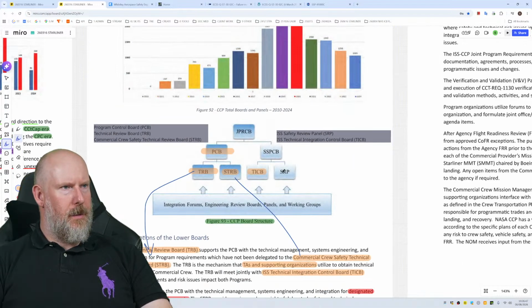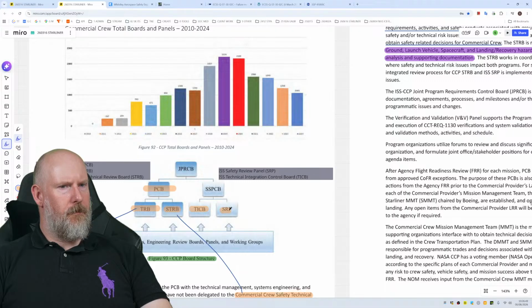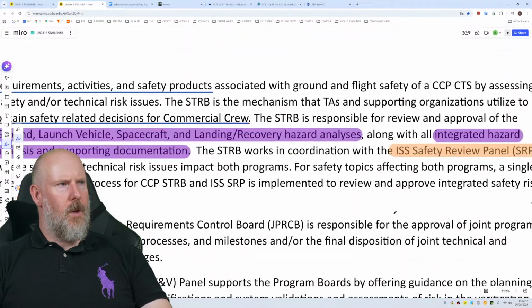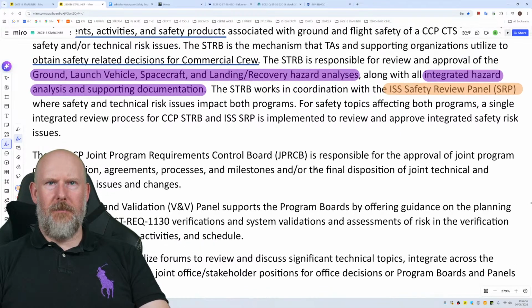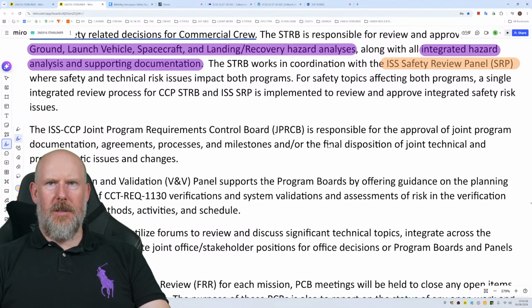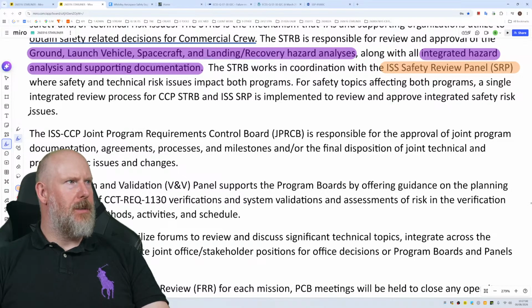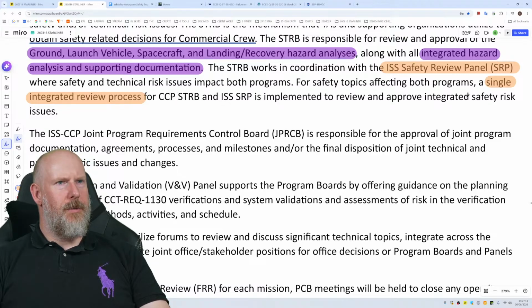Yeah, okay. Where safety and technical risks issues impact both programs. For safety topics affecting both programs, a single integrated review process for CCP's TRB and ISS SRP is implemented to review and approve integrated safety risk issues.